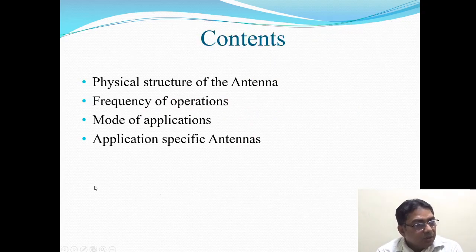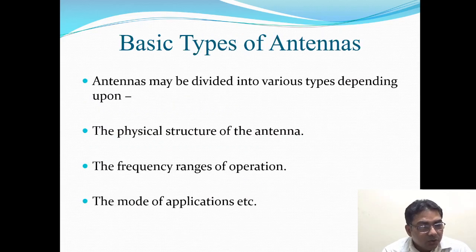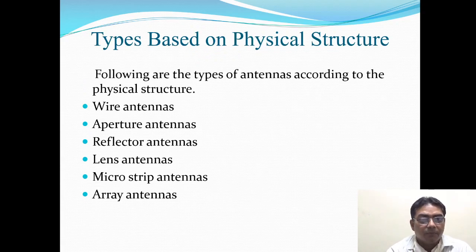Now, these are the contents: physical structure of an antenna, frequency of operation, mode of application, and application specific antennas. Antennas may be divided into various types depending upon their physical structure, frequency range of operation, and the mode of application.